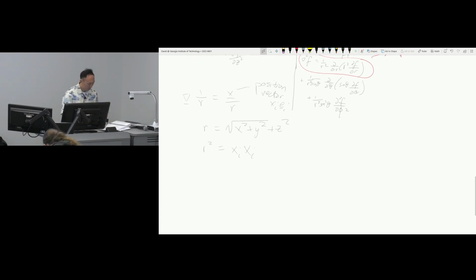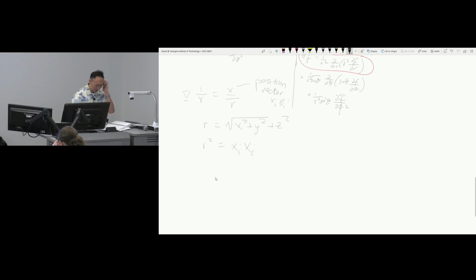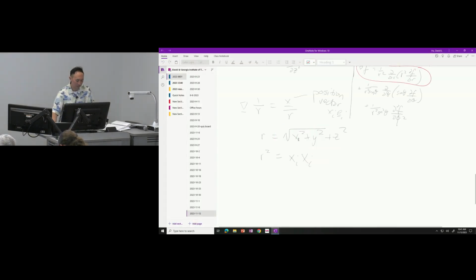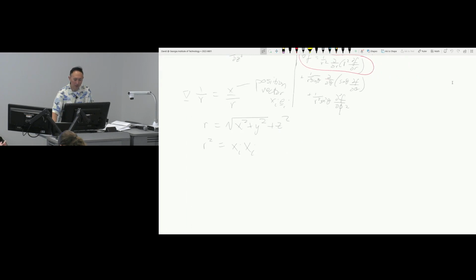All right, so number 2 on the homework. Why did it get so small? Oh, yeah. Oops.